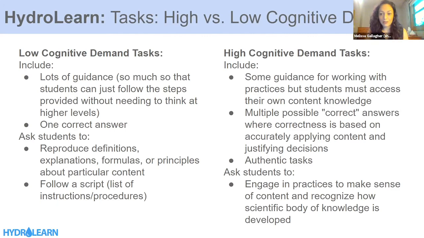We'll look at some examples in a minute, but if I'm asking students for a definition and give them multiple choice, or even if I just say, what's the definition of runoff, and ask them to write it, if I'm asking them to give me back information that I gave to them in exactly the same form, then that would probably count as a low cognitive demand task. So if I'm asking them to reproduce definitions, explanations, formulas, or principles, a reproduction of something I already gave them.